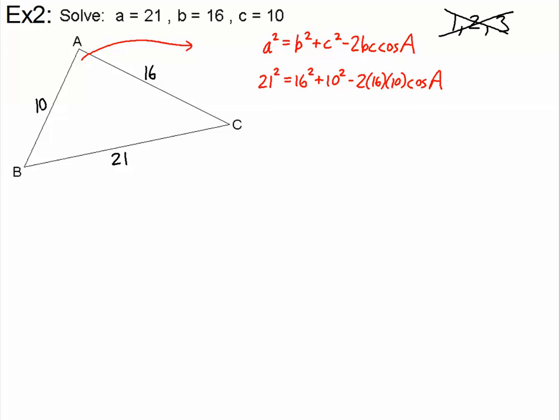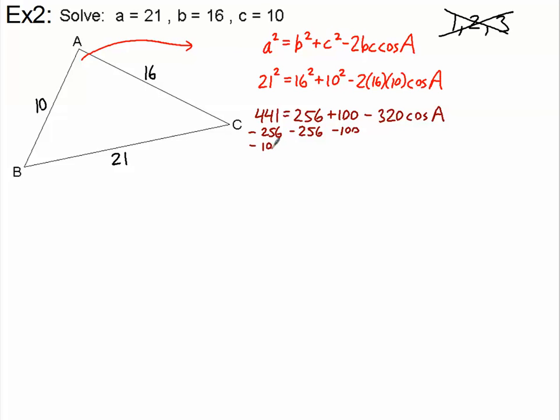So let's do a little bit of this stuff by hand. 21 squared is 441. 16 squared is 256 plus 100 minus, this is 160 times 2, which would be 320 cosine of big A. Let's go ahead and subtract the 256 and subtract the 100 since these are separate terms.